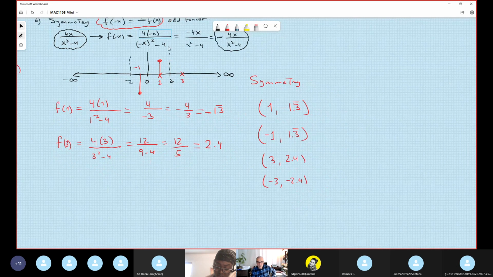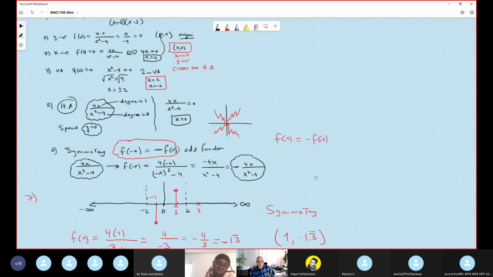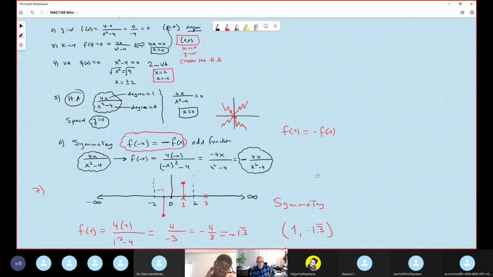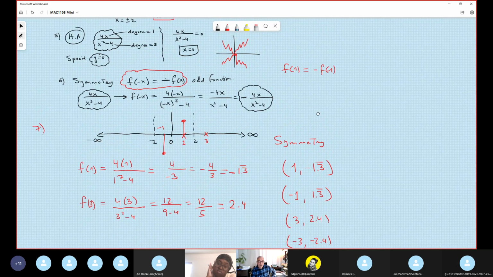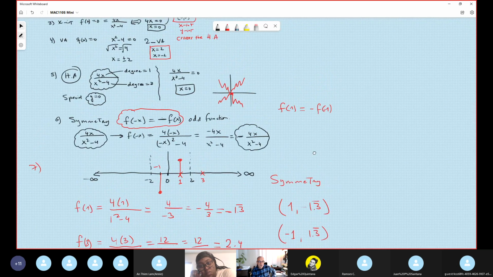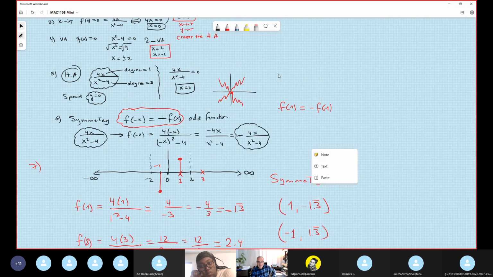Wow, we have a lot of points. We have the point (0, 0), and 4.5 points in total, and we know the vertical asymptotes, we have 2 and negative 2, and we have the horizontal asymptote at 0.